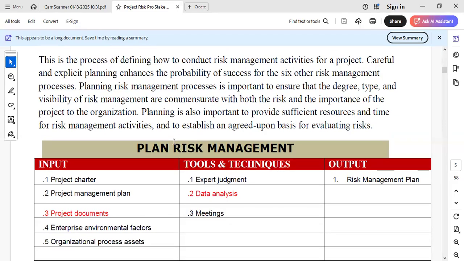We need to look for the project charter. The project charter is that 1 to 3 page document that we formed at the onset of the project, which we had the sponsor signing off and the project manager identified and signing off.